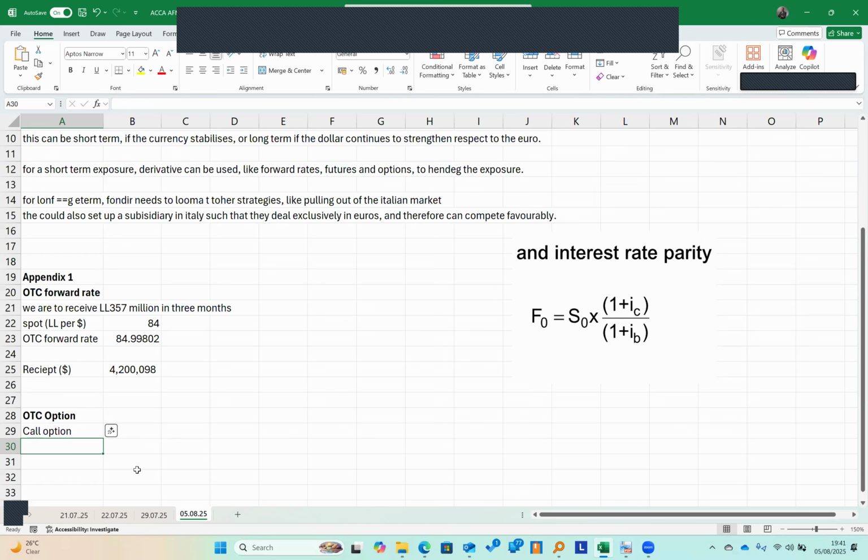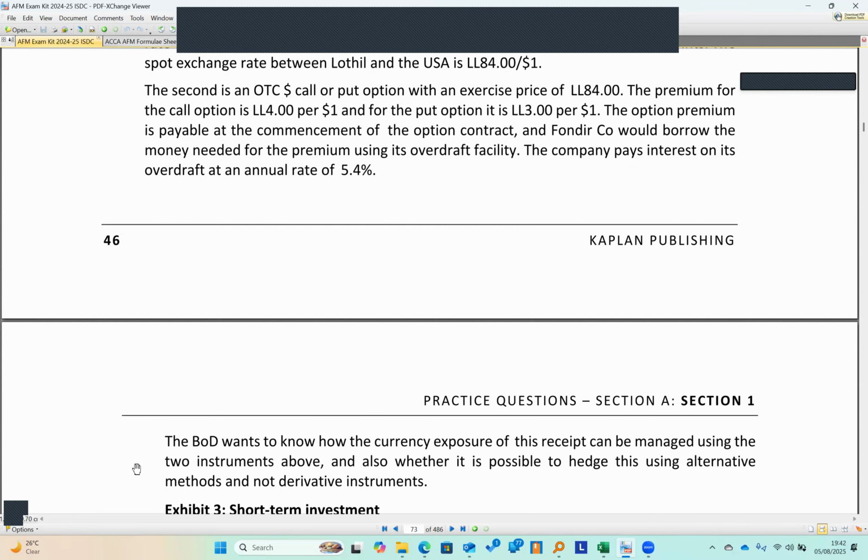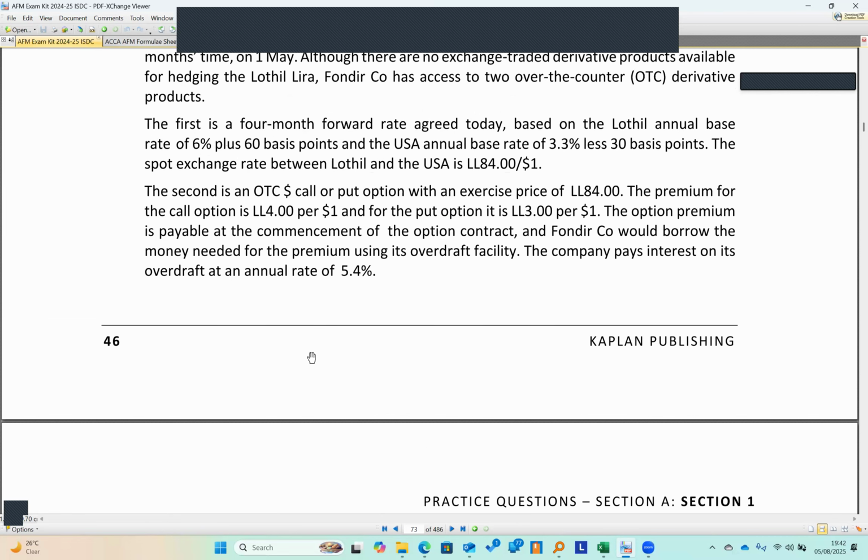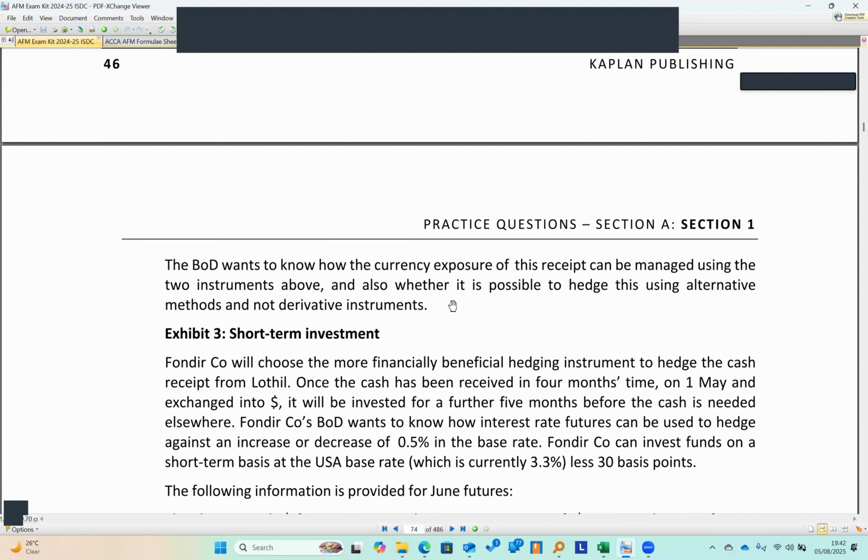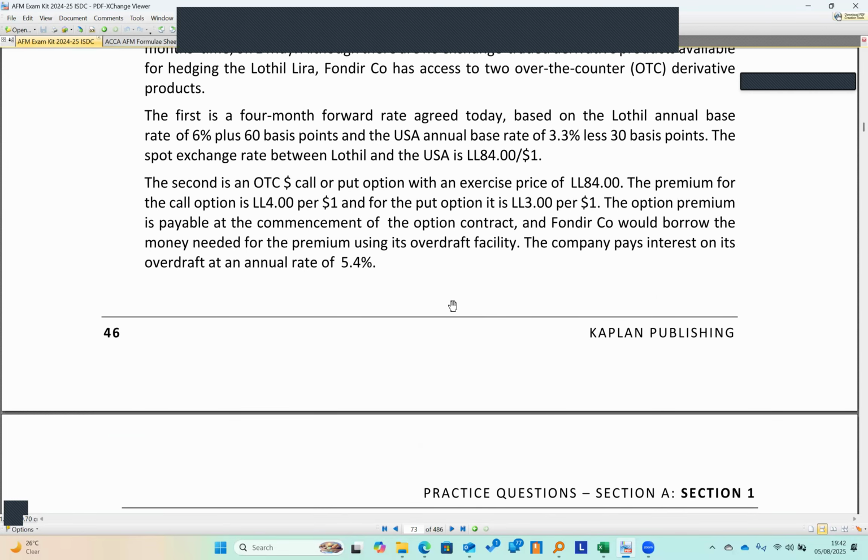You first of all need to know how many contracts, because remember each of these has a contract size. Where is the contract size? Okay, I don't see the contract size yet. Maybe here they didn't tell us the contract size. Options usually carry contract sizes.